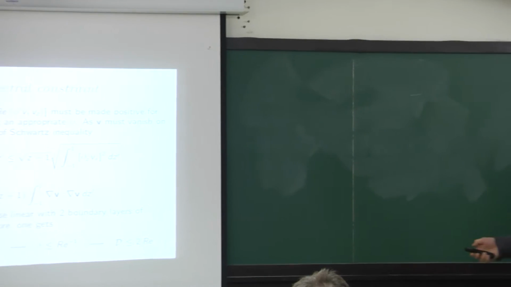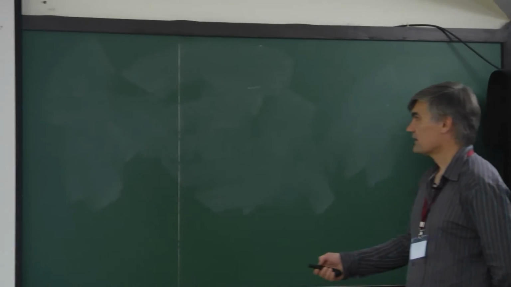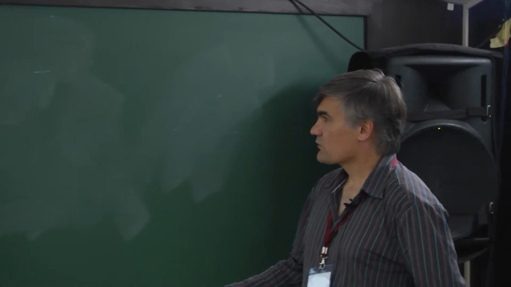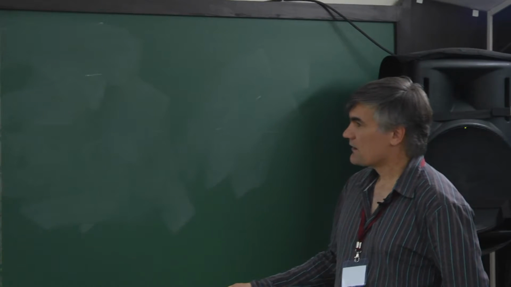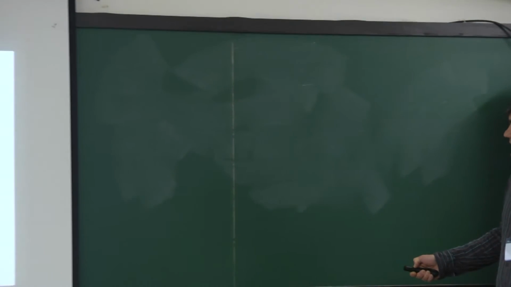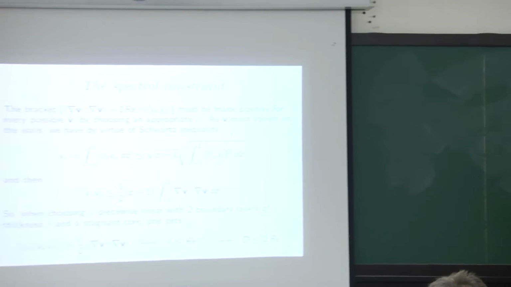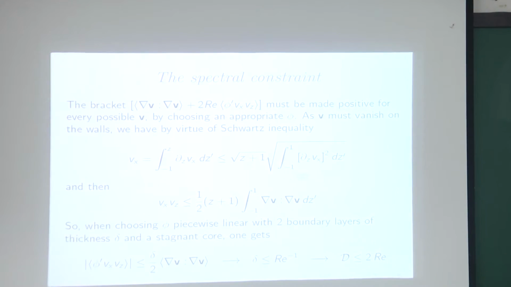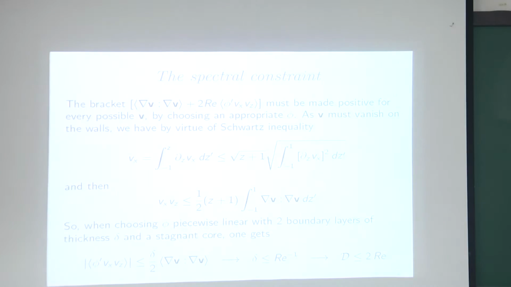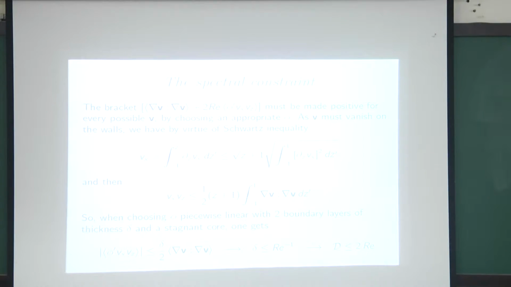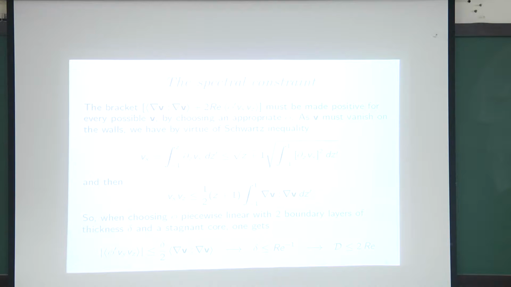And then, right, so that's what I said. So then how do we bound this? So we use some Schwarz inequalities. So Vx can be expressed as the square root of the distance to the wall multiplied by this dvx over dz squared, which is one part of dissipation, basically, one part of gradient v squared here. You can do that for Vx, for Vz, and you can do it also near the top wall and near the bottom wall, okay?